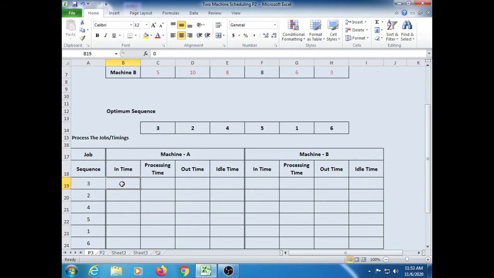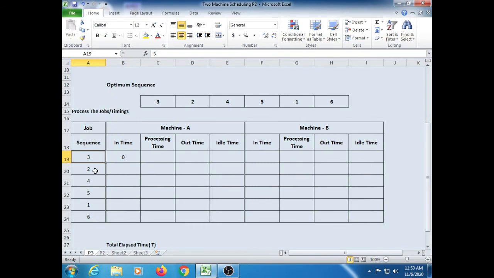So at 0 time we have to process the first job. Here the first job is job 3. First the job 3 we have to process on machine A. Then after we complete the process on machine A, we process the third job on machine B. Okay, so here you don't confuse.